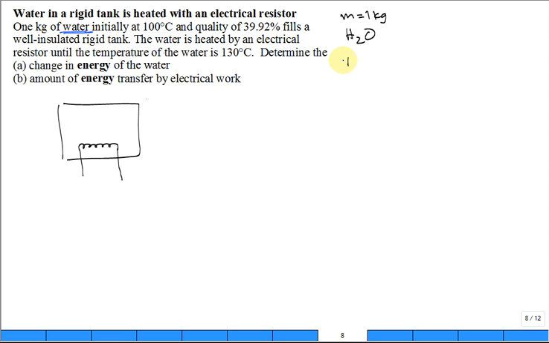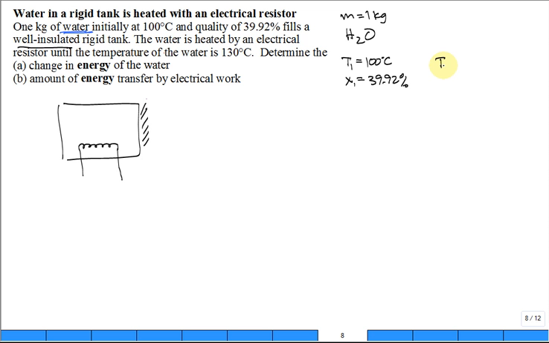So the temperature initial is 100 degrees C and the quality initial is 39.92%. And it fills a well-insulated rigid tank. Well-insulated. What do you think Q is for a well-insulated rigid tank? 0. So the water is heated by an electric resistor until the temperature of the water is 130 degrees C.